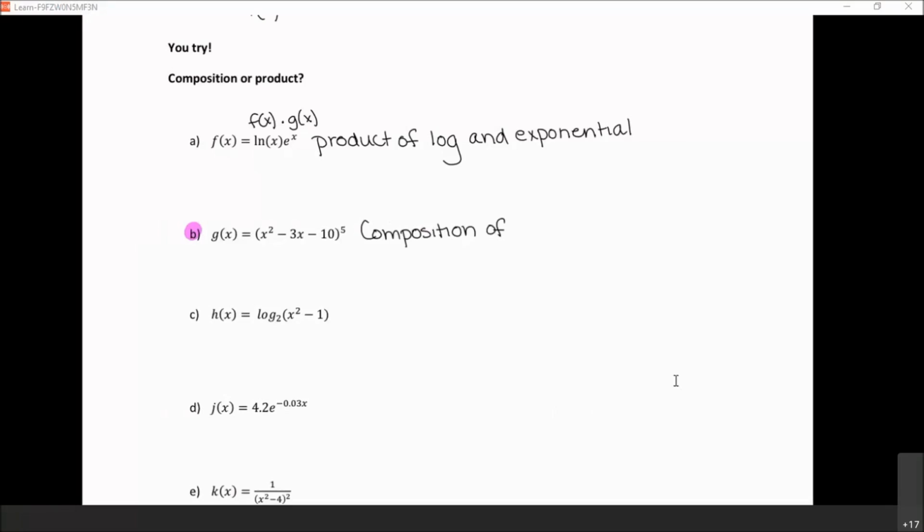I'm asking you a question in the chat. What's the inside function? What's the first one that gets x? That's how you tell it's the inside function.